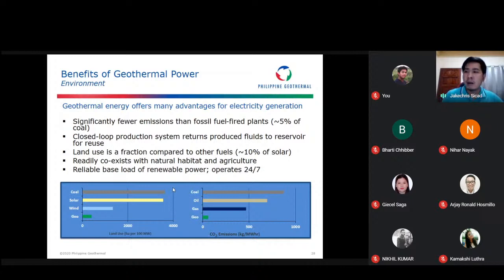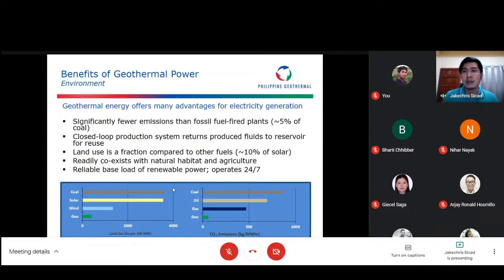I remember seeing a photo of a tiger in Indonesia sleeping on top of our pipelines, during the time of Chevron. So it just actually exemplifies how we can coexist with nature.